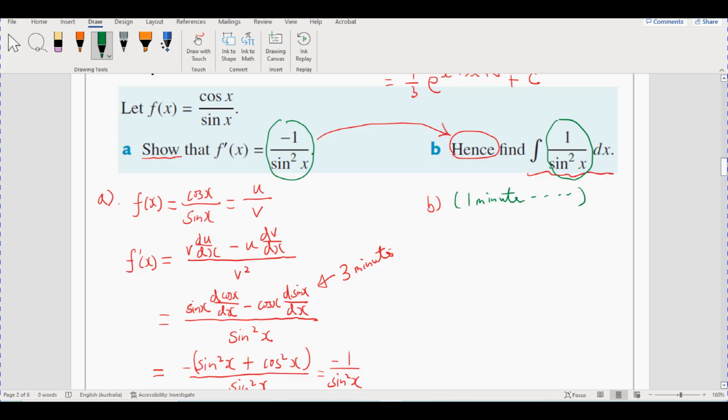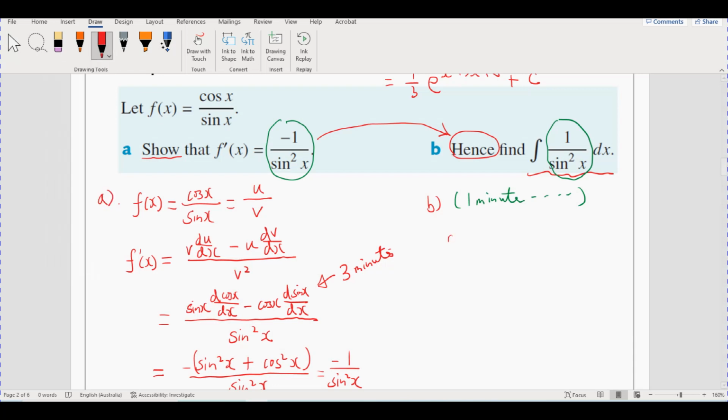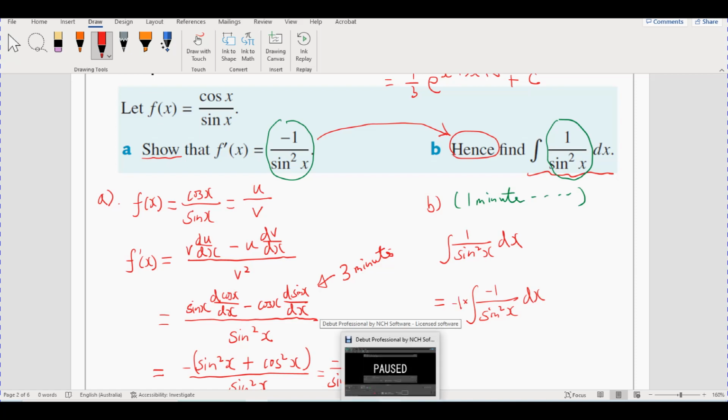Okay, so I hope some of you have got the answers. First of all, of course, you need to copy that question. The key is you need to get negative 1 there. So let's write negative 1 here to make it look exactly the same as the derivative. But by doing so, you have to do something outside the integral sign to cancel it out. How about I write another minus 1 times the whole thing? Because minus 1 times minus 1 just equals 1.